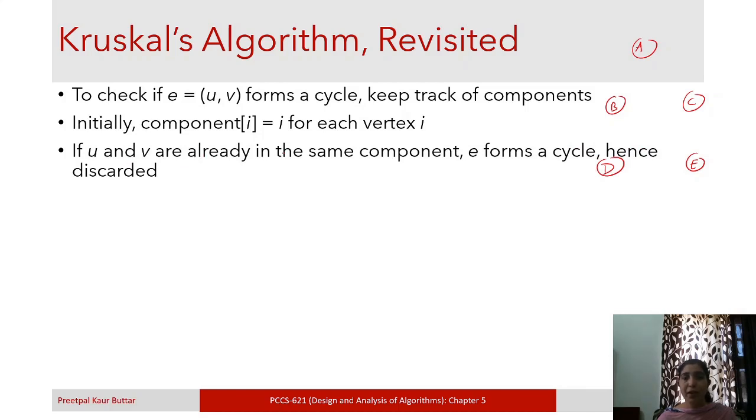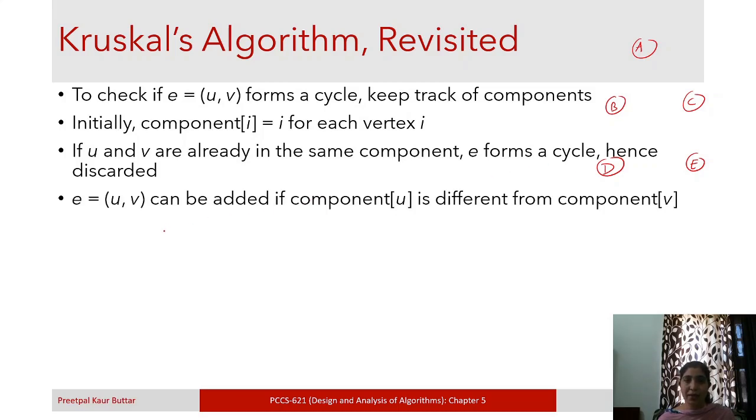If U and V are already in the same component, and E is an edge which is connecting U and V, if we add this edge E, it will form a cycle, right, as we saw in the example. So if it is forming a cycle, we will not add it to the tree, it will be discarded.